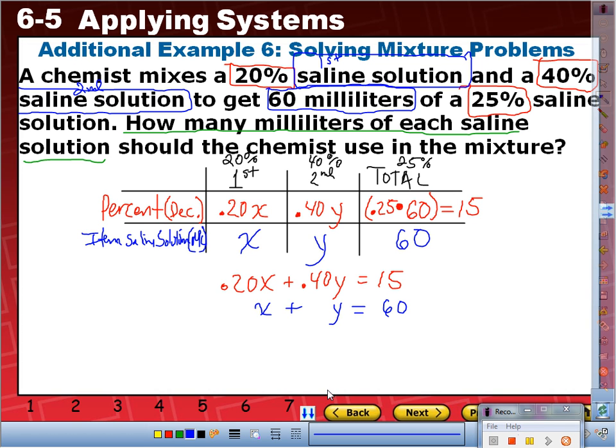So, at that point, I'm going to eliminate one of the variables. Okay, let's eliminate x. To eliminate x, what do we need to multiply the second equation by? Negative 0.20. So if we distribute, that becomes negative 0.20x, negative 0.20y equals negative 12.